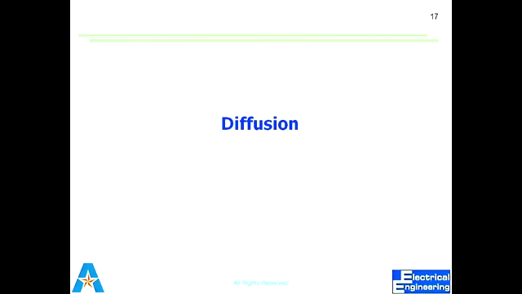Out of those 5, this diffusion, or ion implantation, actually we should call it doping. So doping is one of those 5 basic processes: oxidation, doping, etching, photolithography, and metallization. So these are the 5 steps. Oxidation, we have talked about. Photolithography, I believe we'll be discussing later.